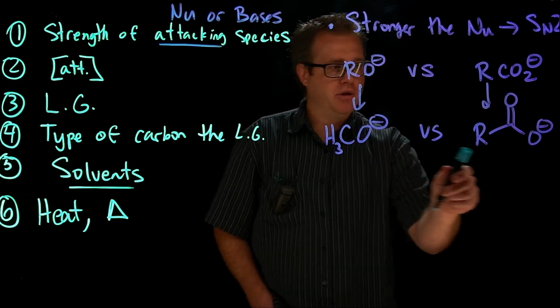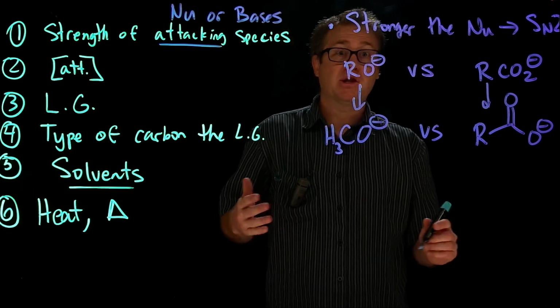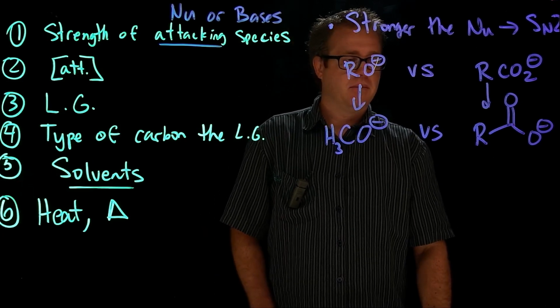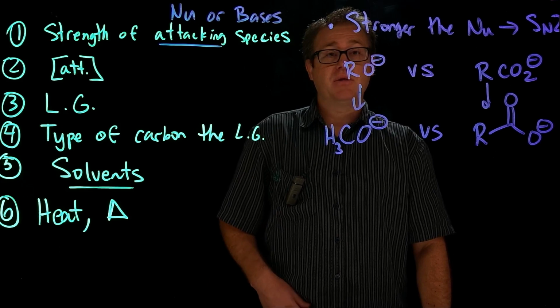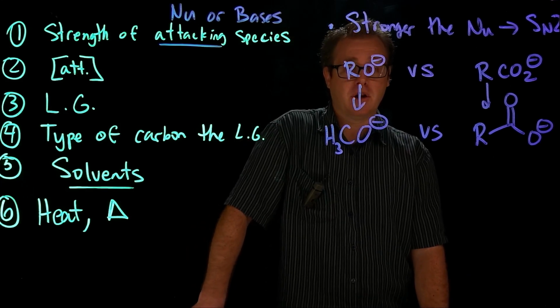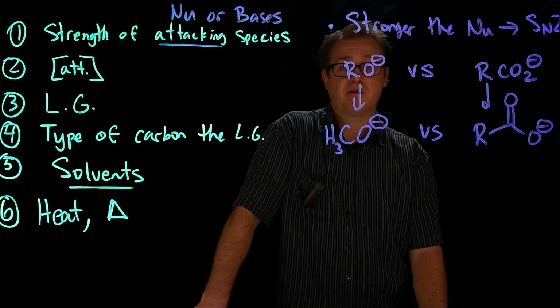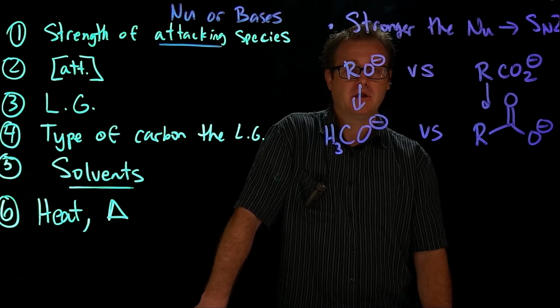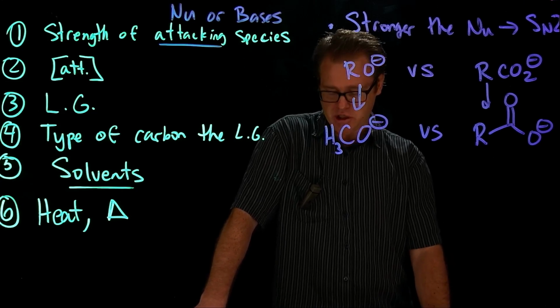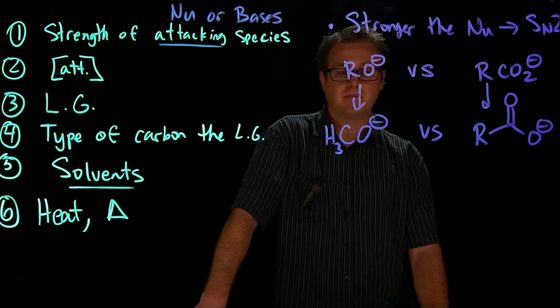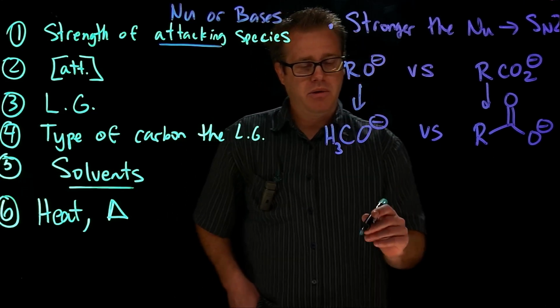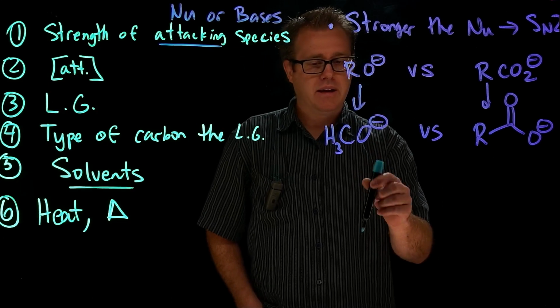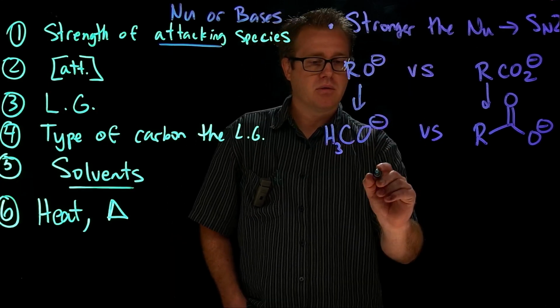When we look at these two, which one is going to be the stronger nucleophile? Well, we just use the same principles that we've learned when we're looking at the strength of acids and how we use the cardinal rule to look at the stability of the conjugate base. So when we use the cardinal rule here, let's write out the cardinal rule.